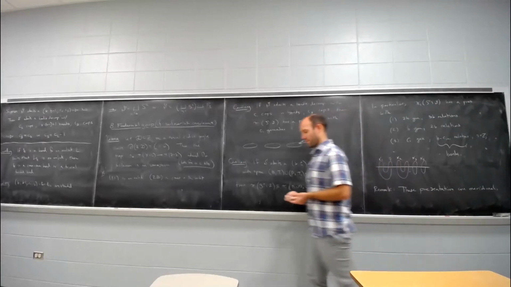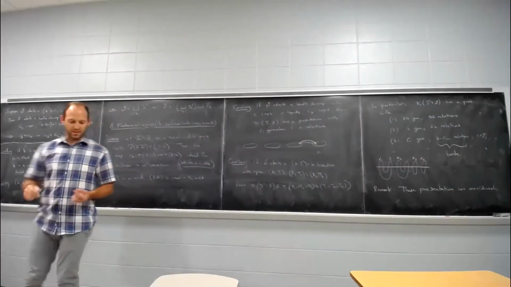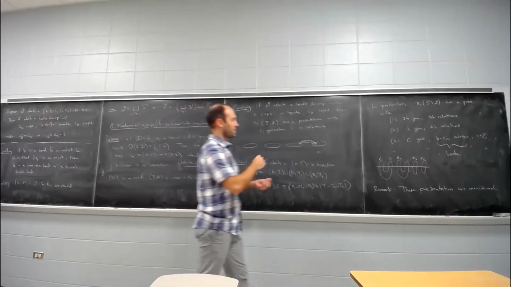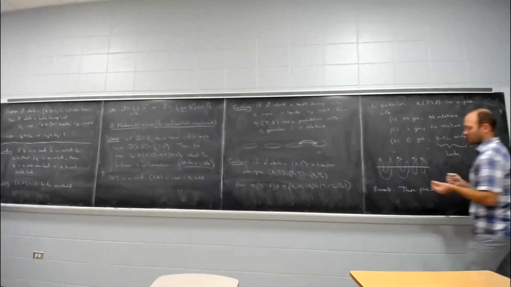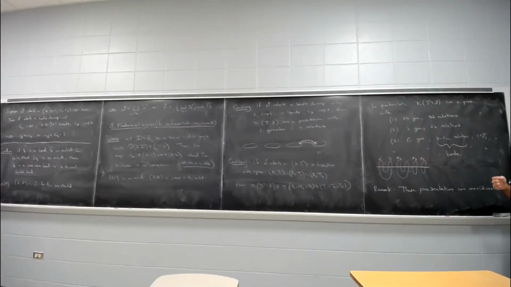They're meridional, right? So what that means is that there's a curve in the surface link exterior. This is a little bit difficult to draw, but this is our surface link in S4 drawn down a dimension. And we have a regular neighborhood of it, which locally looks like a D2 neighborhood.